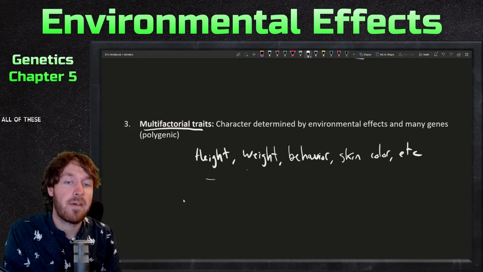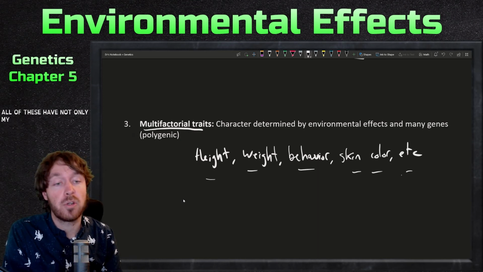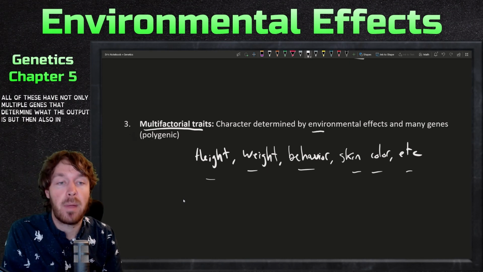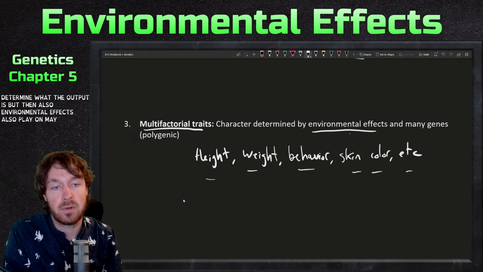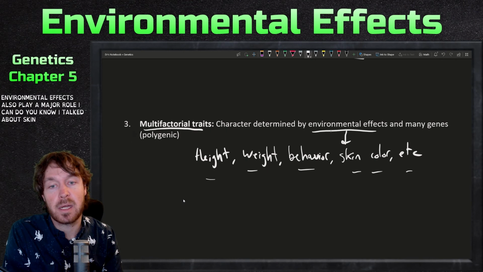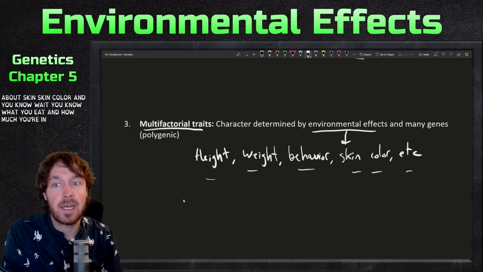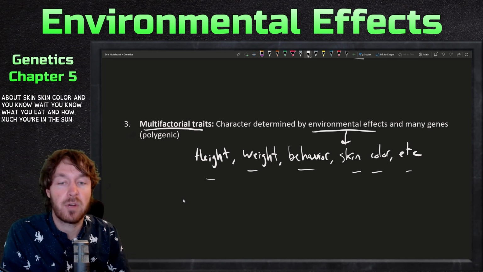All of these have not only multiple genes that determine what the output is, but environmental effects also play a major role. Like I talked about skin color and weight. What you eat and how much you're in the sun affects that phenotype drastically.